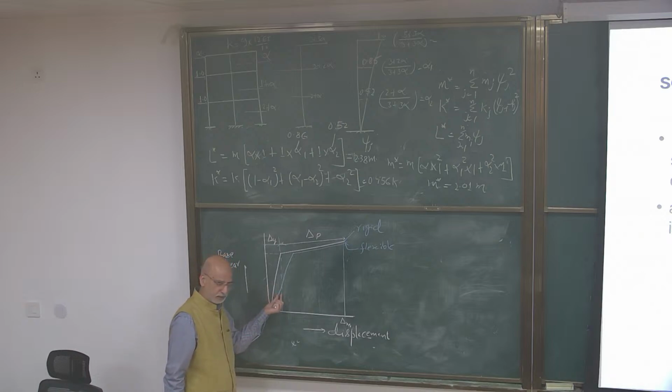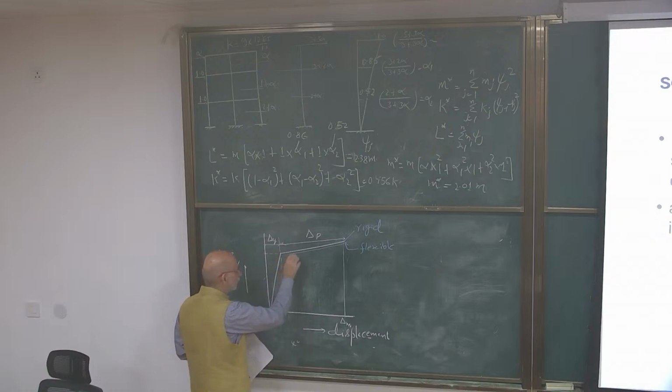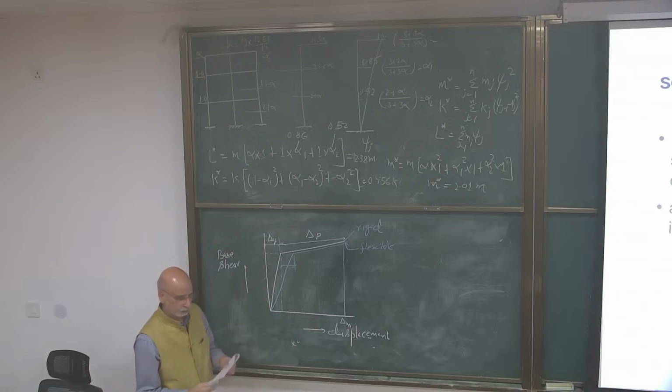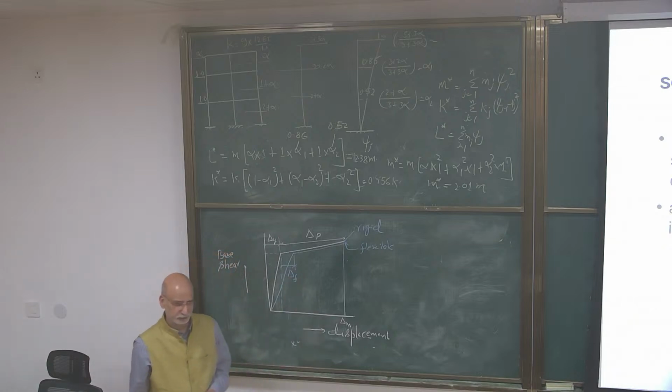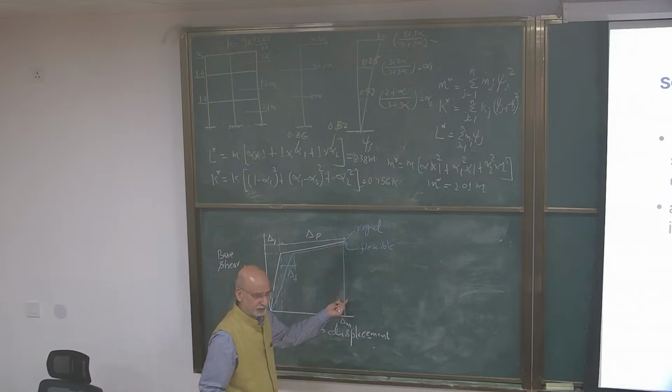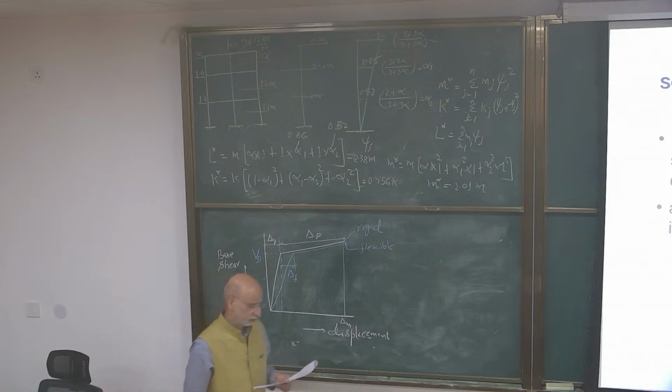Because of flexibility of the foundation, this has shifted slightly away from this. So this is your foundation effect. I call the deformation in the foundation delta F, and the maximum deformation is this one. The corresponding force in this one is shear, and I am using the same symbol as given in this paper.